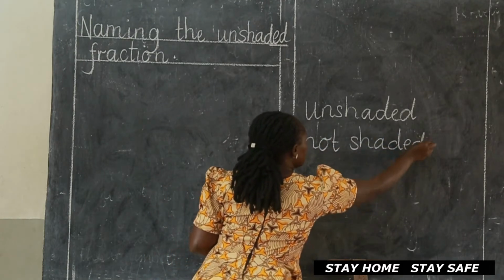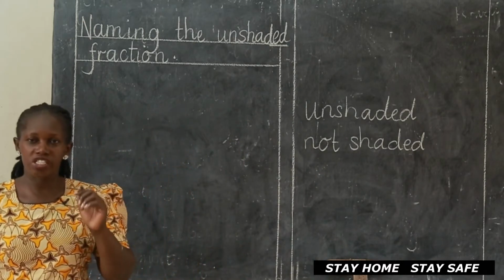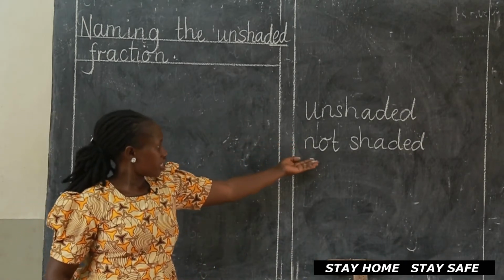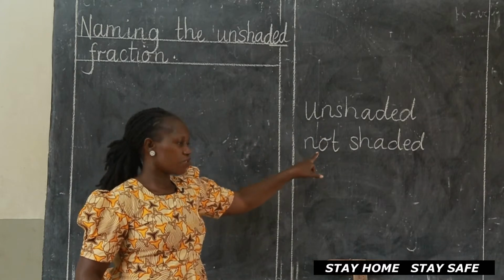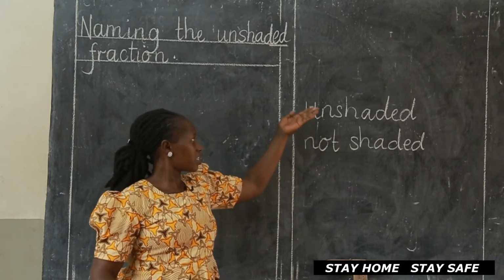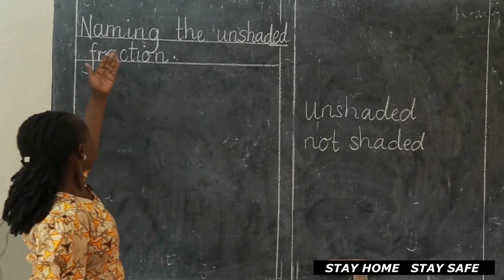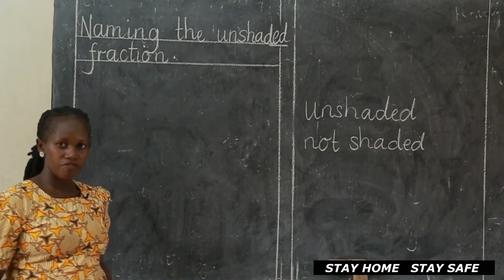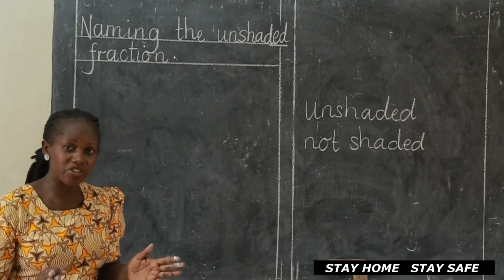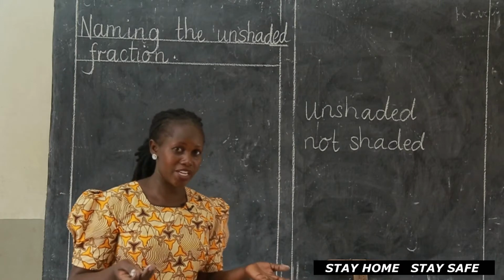So today we are going to look at the part which is not shaded. Not shaded is the same as unshaded, but I'm using unshaded. So we are going to name the unshaded fraction. We are going to leave the shaded fraction alone because we looked at it last time, right?